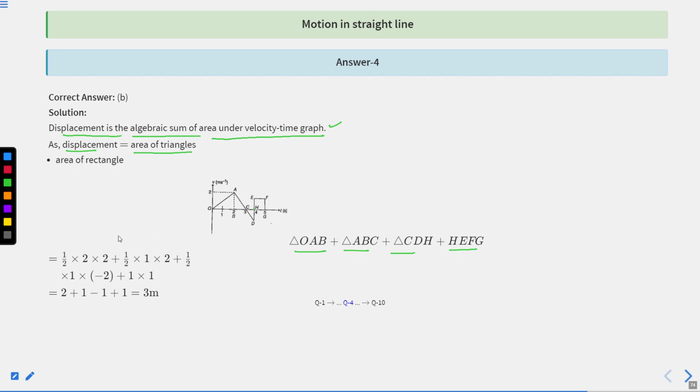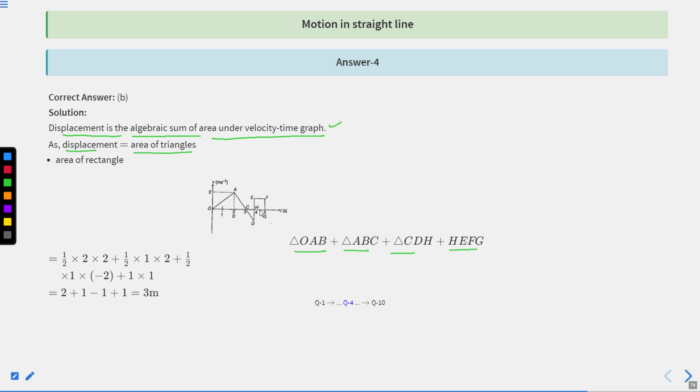So after calculation, the area of the rectangle is, this is 2, this is 1, and this is 4 and 5.